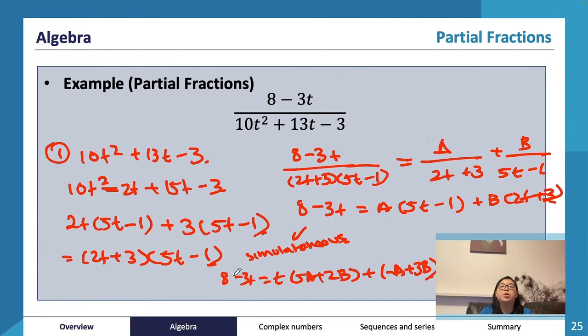We equate those coefficients across. So we have 5a plus 2b equals negative 3, and negative a plus 3b equals 8. Then we can do simultaneous equations on those two.